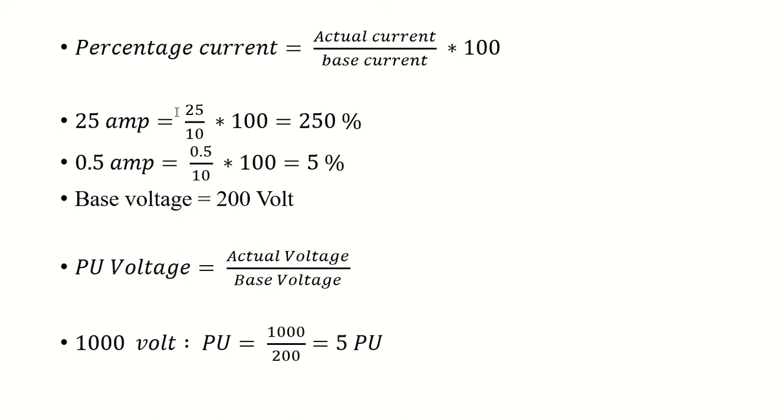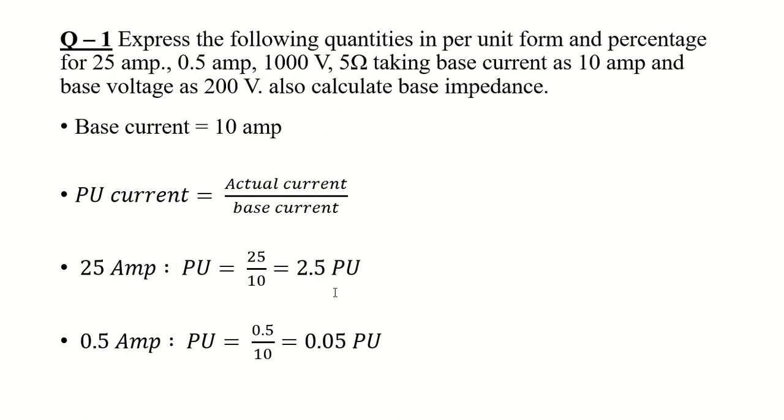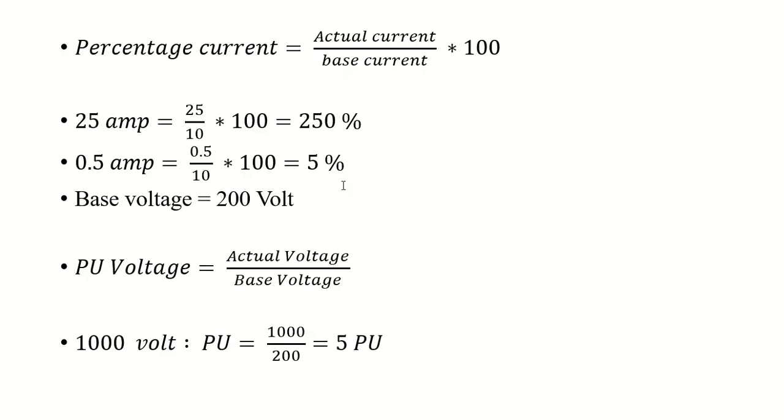For 25 ampere, we take 25 by 10 into 100, which is equal to 250%. Same for 0.5 ampere: 0.5 divided by 10 into 100, so we get 5%. Or simply you can multiply 2.5 by 100 and 0.05 by 100, and you will get the same results, 250% and 5%.